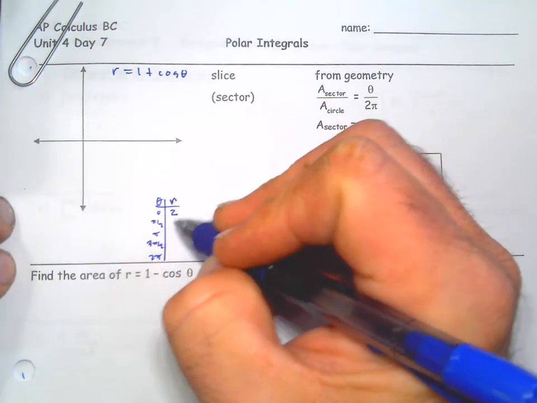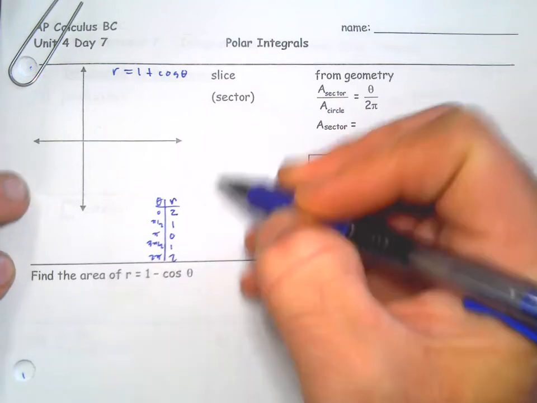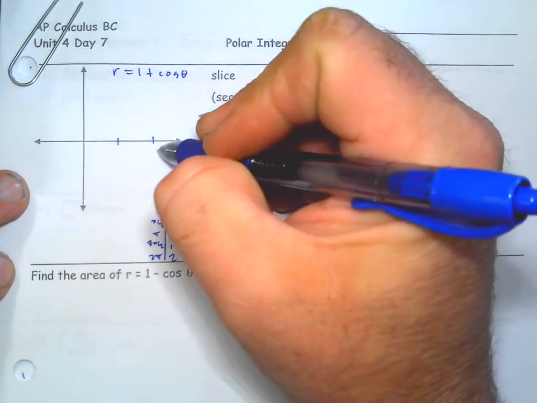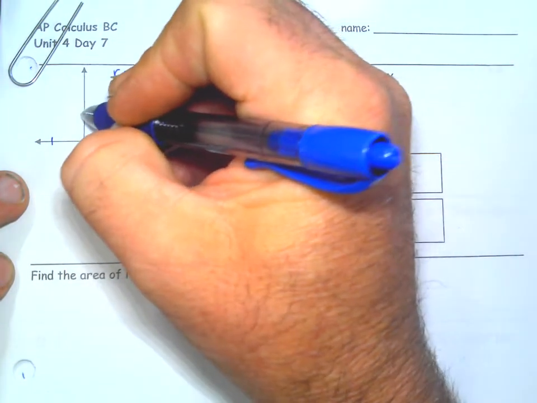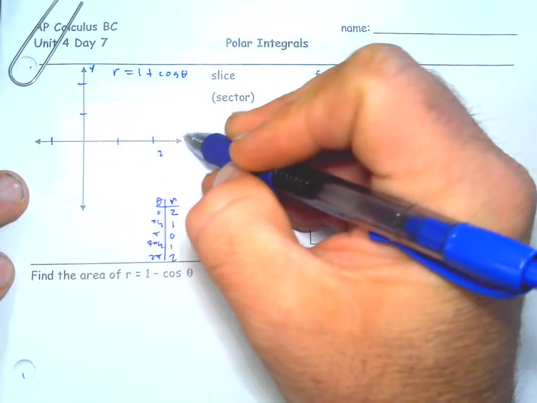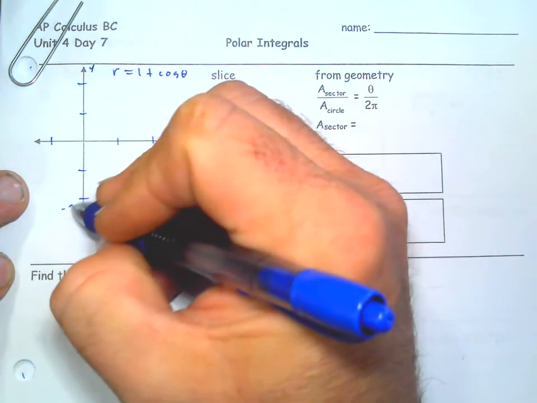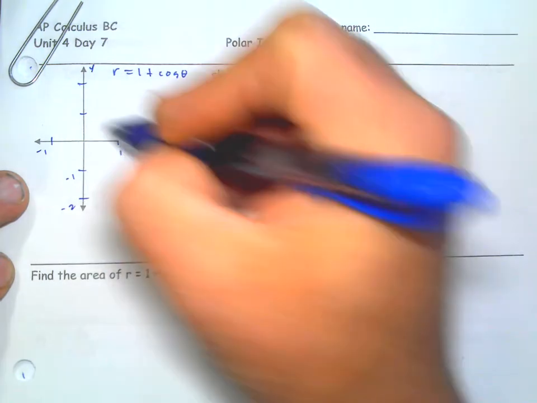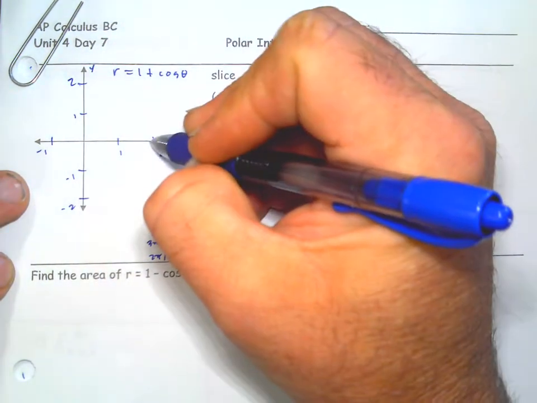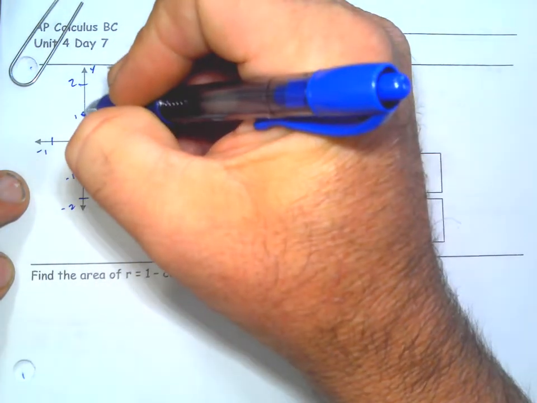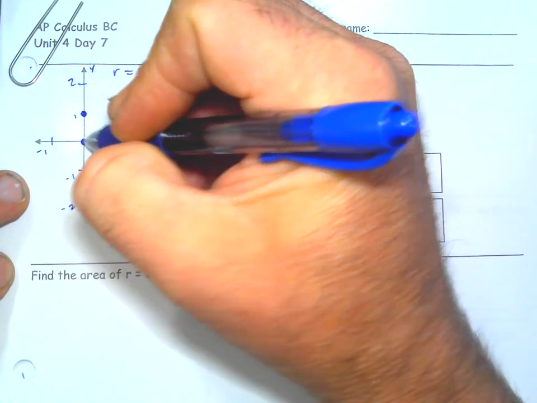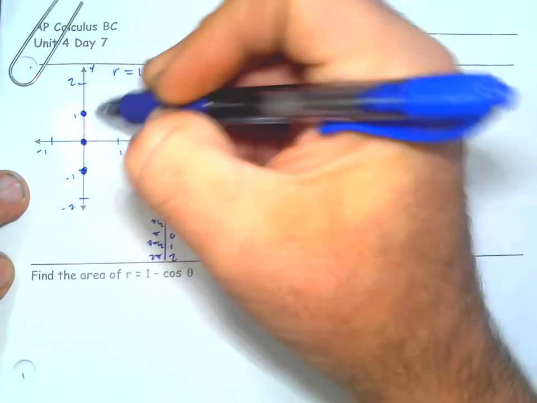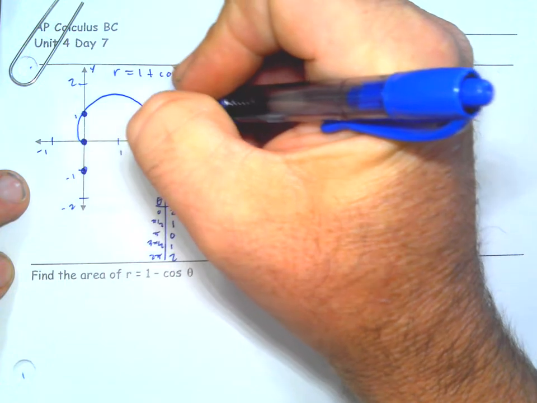It's going to be 2, 1, 0, 1, 2. Okay, so 0, 2 is right here. Pi over 2, 1's here. Pi, 0 is here. 3 pi over 2, 1's there. So this is what it looks like.